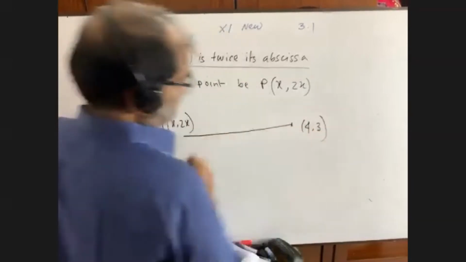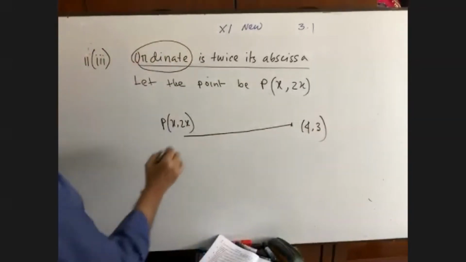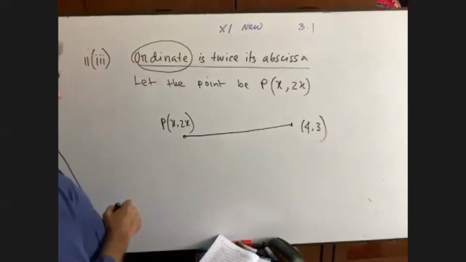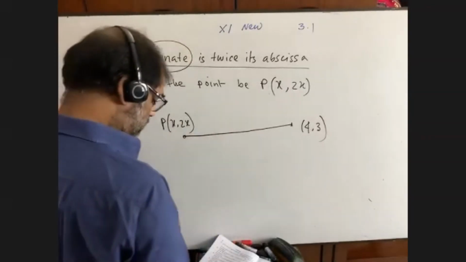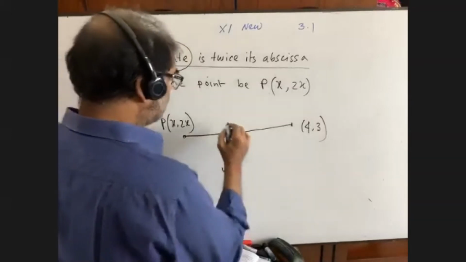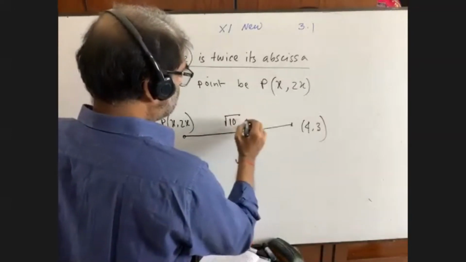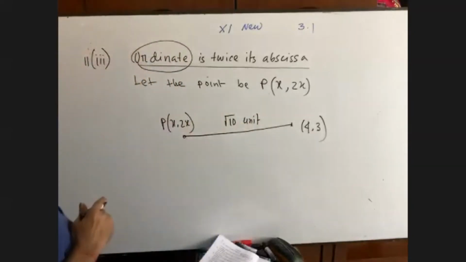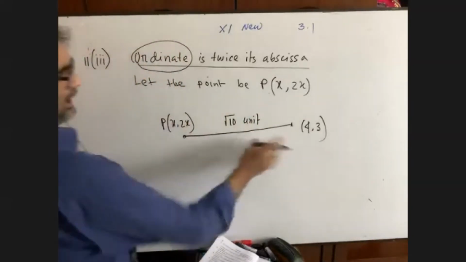It is told that the distance of this point from the given point is equal to root over 10 unit. What is meant by this? Distance between them is root over 10.